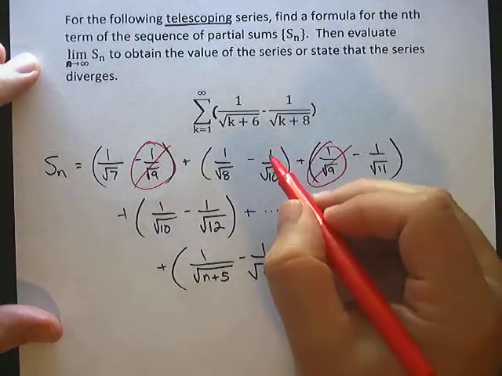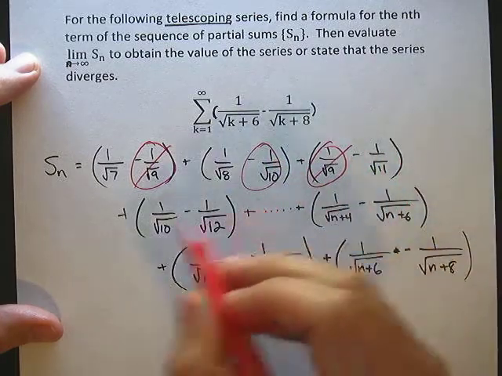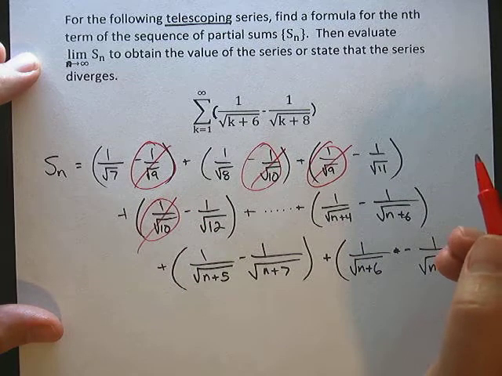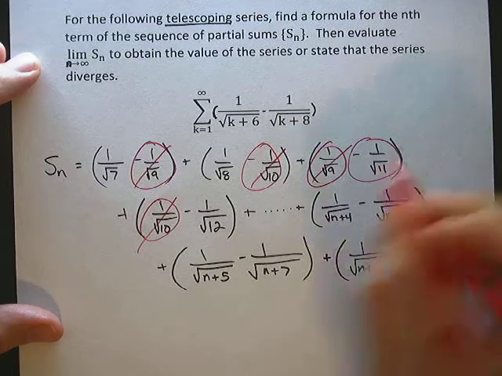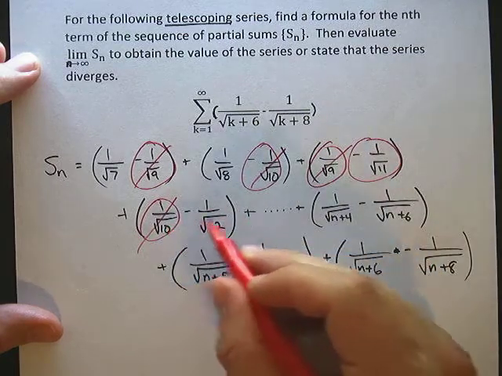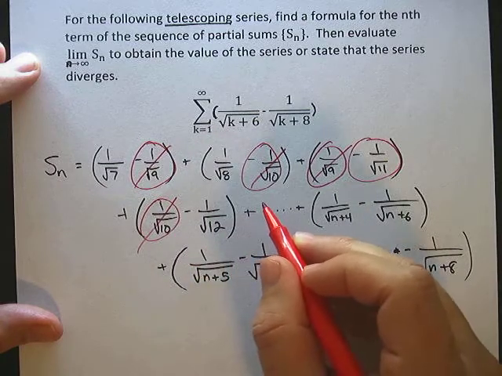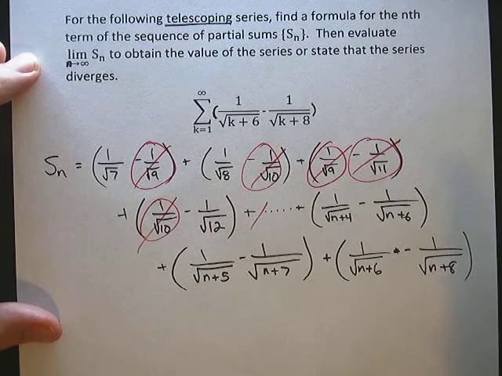We've got a negative 1 over square root of 10 here, and a positive 1 over square root of 10 here, so those two cancel out. Then we've got negative 1 over square root of 11, and if we wrote one more parentheses, the next one would be a positive 1 over square root of 11. So that one cancels with one that we haven't written.